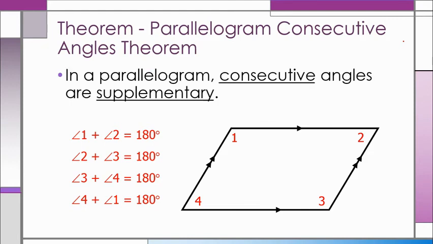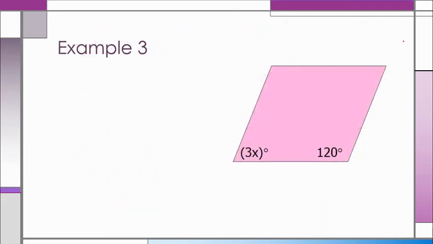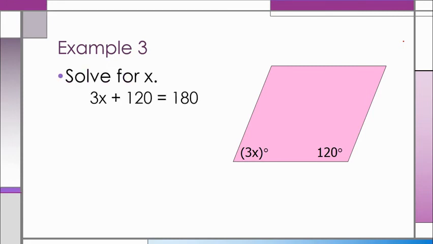So we call these consecutive angles supplementary. So we're going to use this property, for example 3. So we can take 3x plus 120 equals 180. So what would my x value be? Okay, that's correct. Your x is going to wind up being 20.